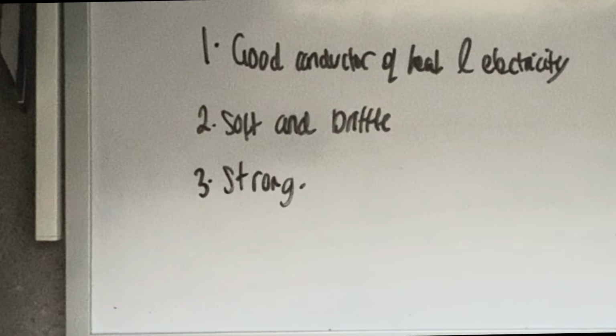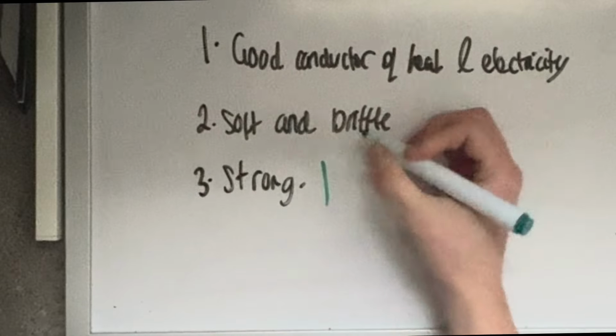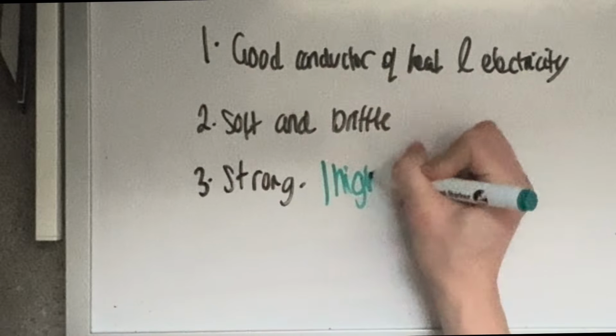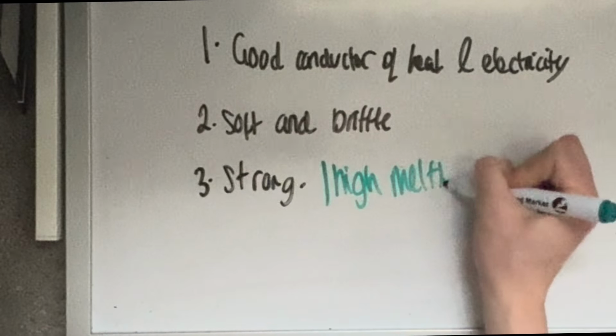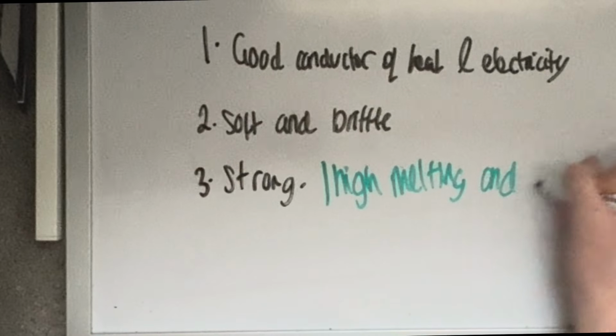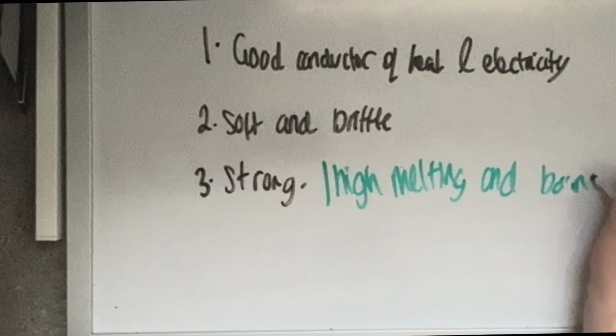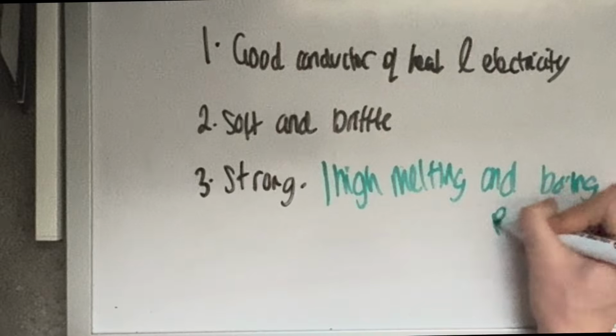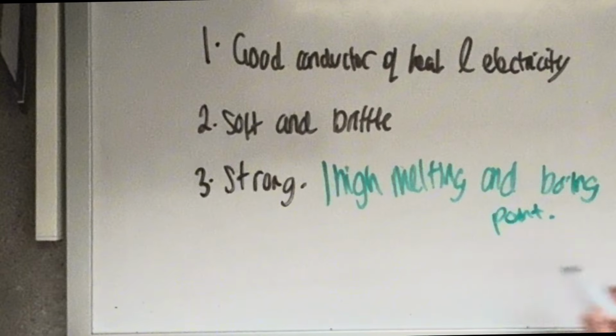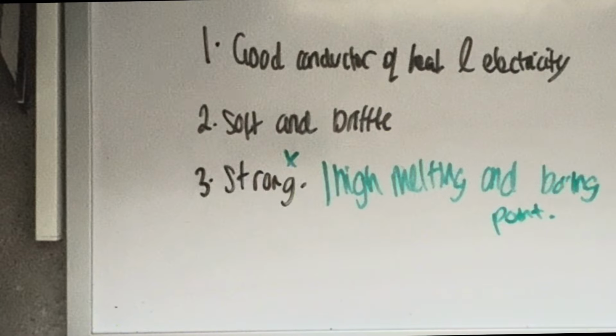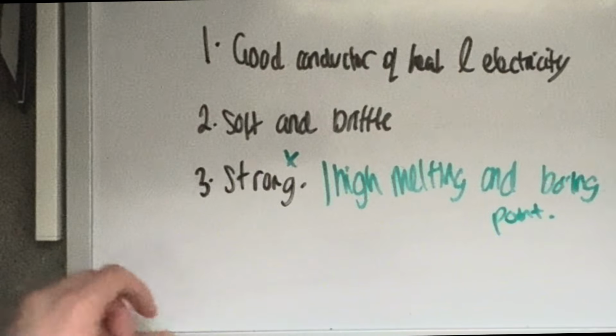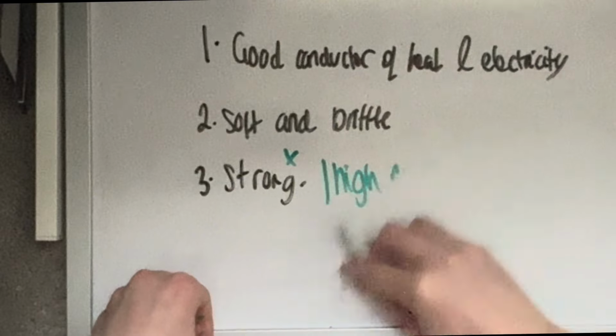We're gonna accept our mistake and write slash high melting and boiling point. So that's wrong. Then we can answer it again this time, and we'll hopefully get it right.